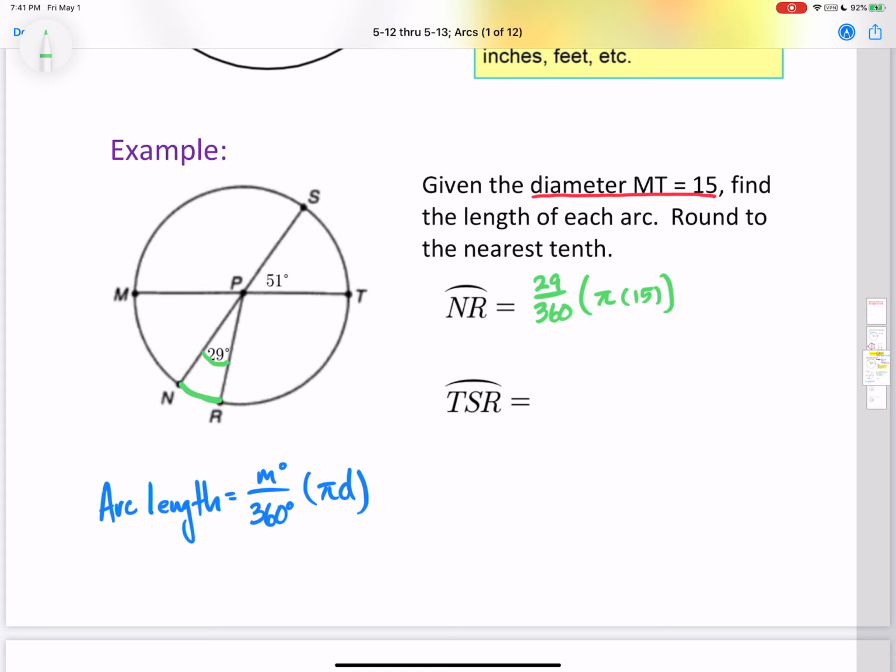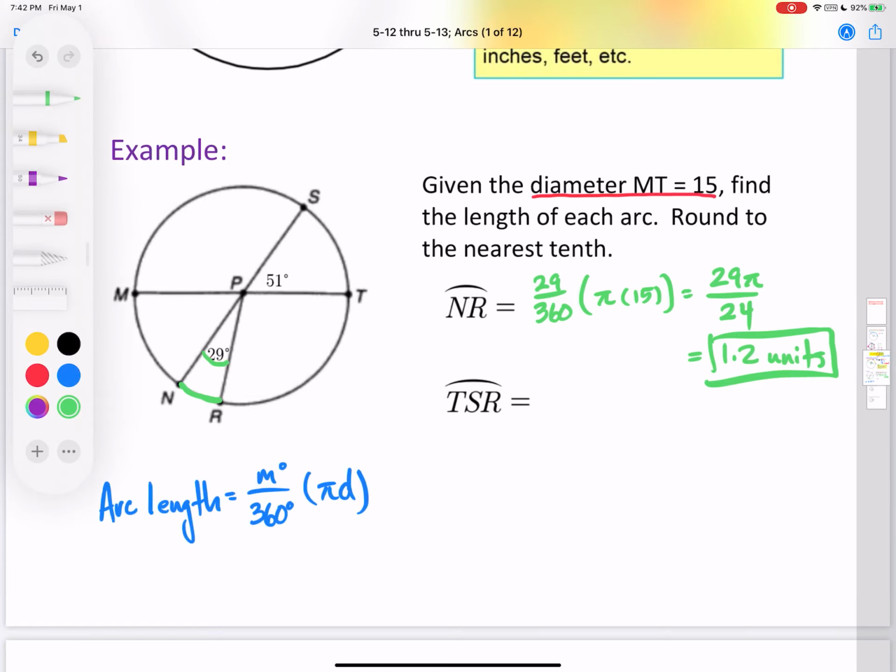If we multiply all of this together in pi form and simplify it all, it ends up being 29 pi over 24. And if you decide to rewrite this in decimal form, that's going to be about 1.2. In this case, we'll say units because they didn't give us a unit of measurement. So 1.2 units.